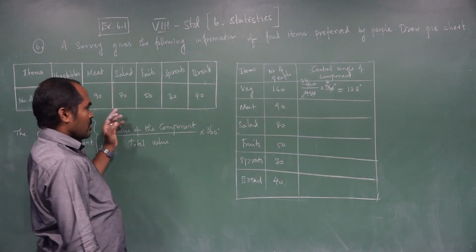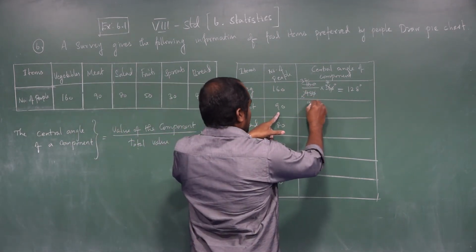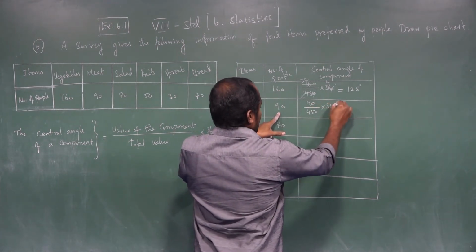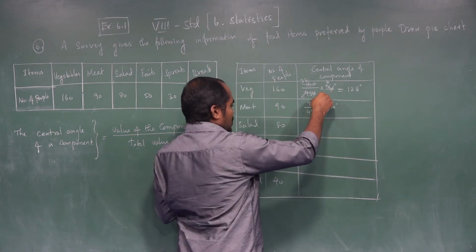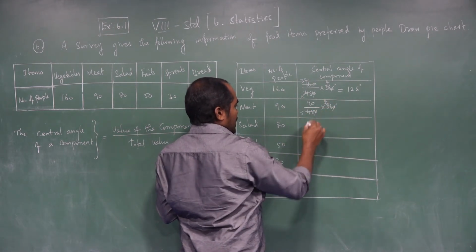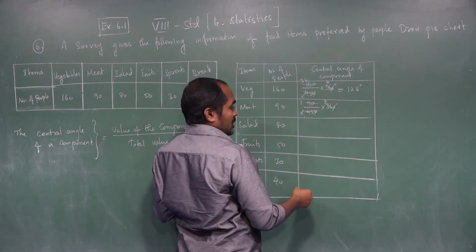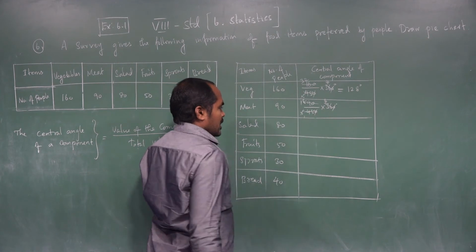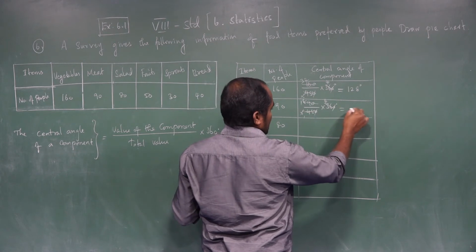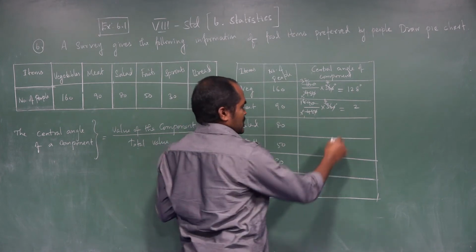Next, you want to find the central angle of the component. Here the value of the component is 90 by 450 into 360 degree, right? 0 and 0 cancel, 5 nines are 45, 1 5 is 5, remaining 4 8. 8 5s are 40. So 8 into 40, 4 8s are 32, remaining 3, 4 1 is 4 plus 3 is 7.